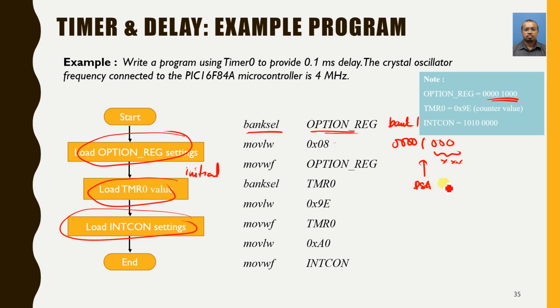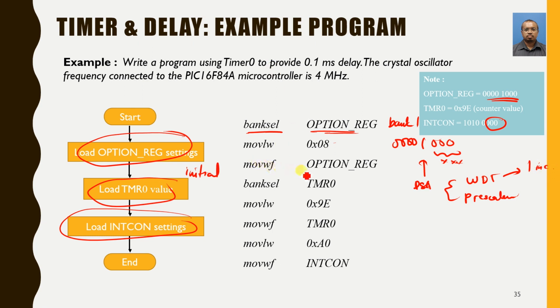Remember, PSA, you choose 2 things, okay, the watchdog timer or prescaler. Okay, so if you choose prescaler, then you have to set the last 3 bits. If not, you just use the watchdog timer. Watchdog timer is basically for you, basically using one instruction cycle.